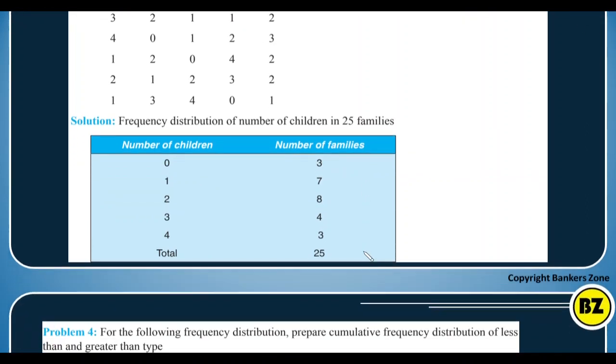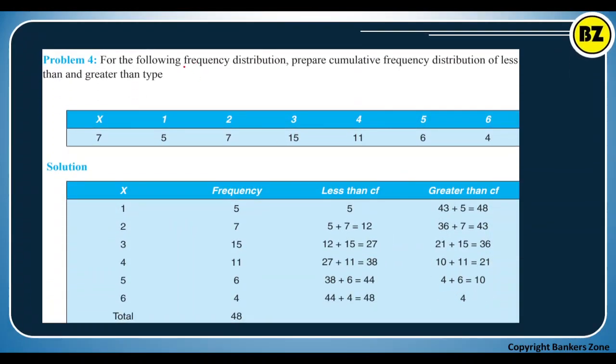Now see, in the following frequency distribution, prepare the cumulative frequency distribution. Cumulative you have to prepare. How to prepare the cumulative frequency distribution, that we will be discussing, of the less than and greater than type, not the interval type. It's very easy.